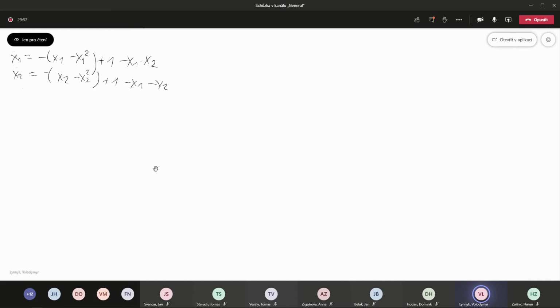Let's try this first system from the homework from the first seminar: x1 dot equal to 2x2 cubed minus x1 to the 5th degree, and x2 dot equal to minus x1 minus x2 to the 5th degree.